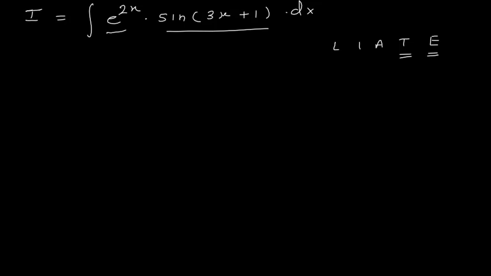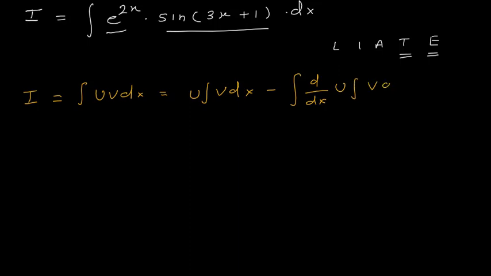I will once again write the formula for this kind of problem: the integration of u into v dx is solved by the formula u integration of v dx minus the derivative of u into the integration of v, and then we integrate all these terms with respect to x. This is the formula. Okay, so we apply this formula.